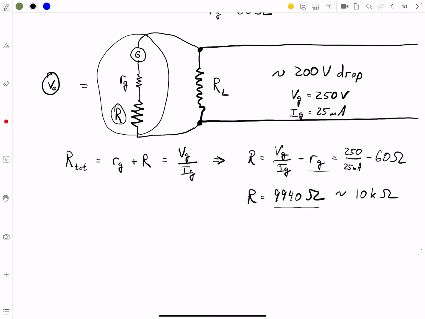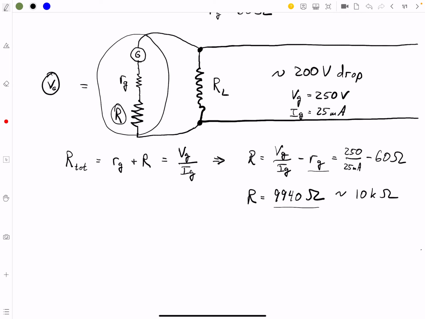So I'm going to do that loop, and the loop rule is going to give me minus IG RG plus IS RS, and that equals 0.